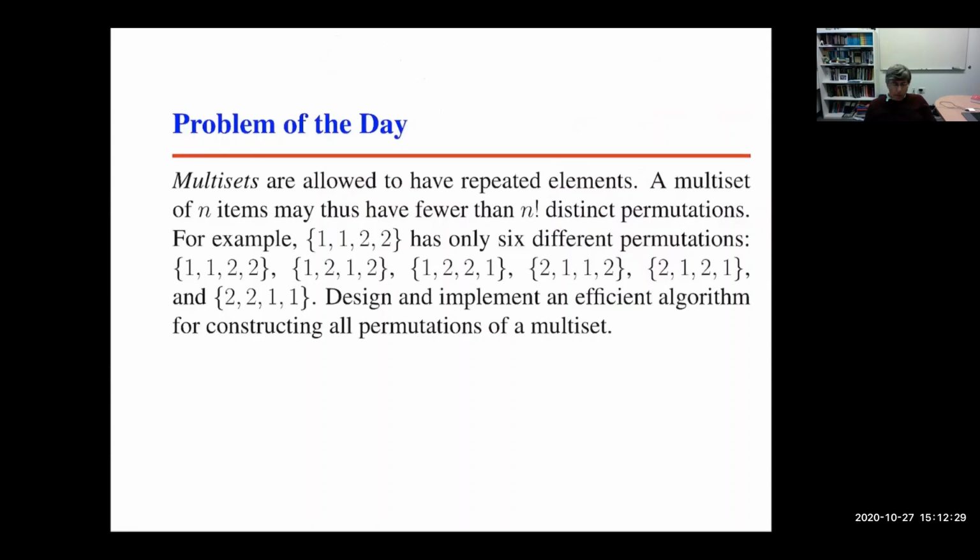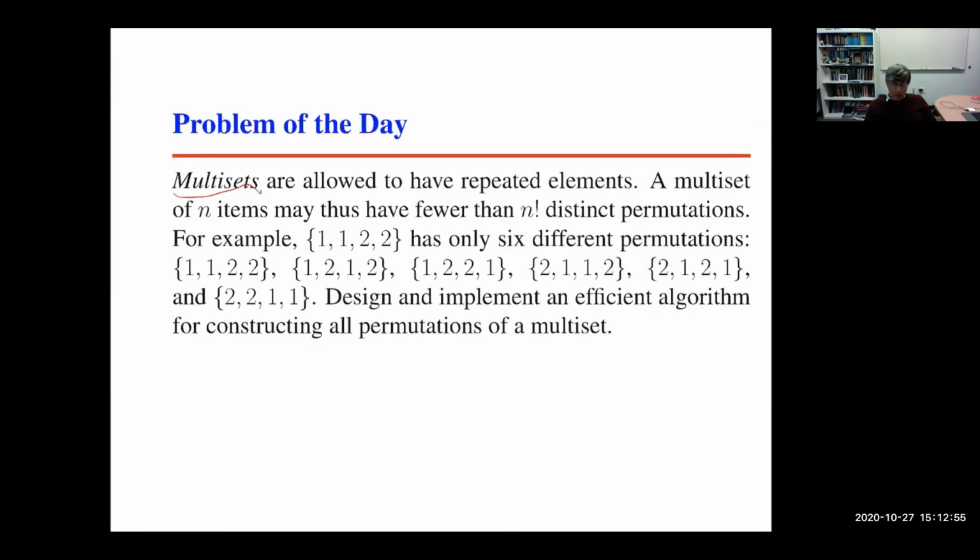Okay, today's problem of the day is a problem on backtracking also. We are asked to generate permutations of a multi-set. A multi-set is a set of items, but repetitions are allowed.